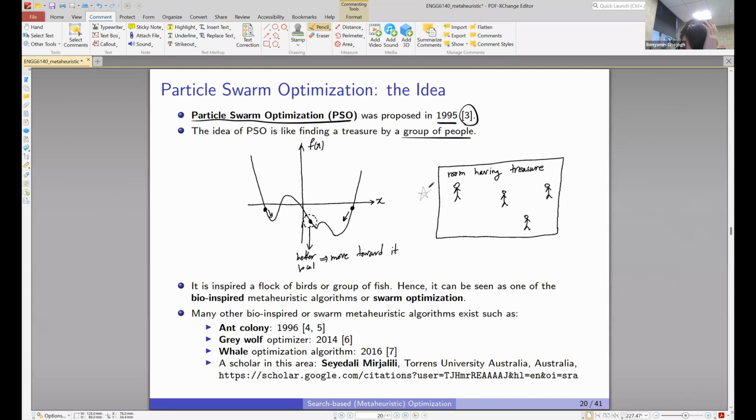So the example is, as I said initially in the session, assume you have a room where in the ground of the room there is some treasure, but we want to find that. How can we find a treasure? Then we say, okay, we are some people, let's randomly select some points, each of us selects some region in the room, and then we dig.